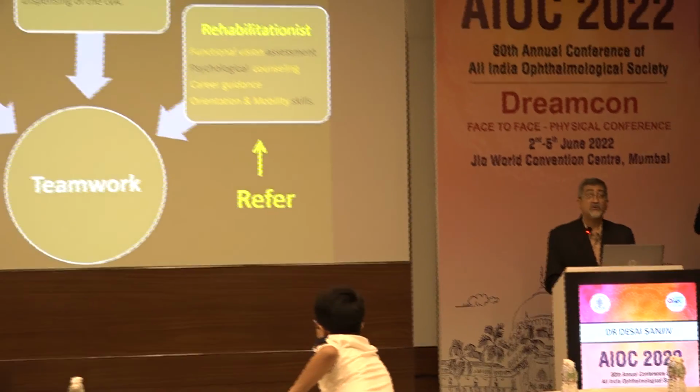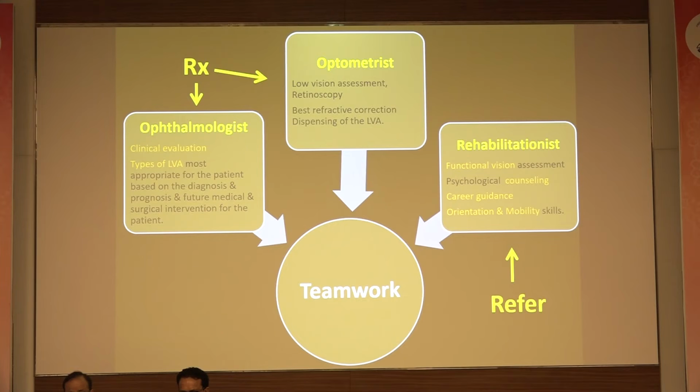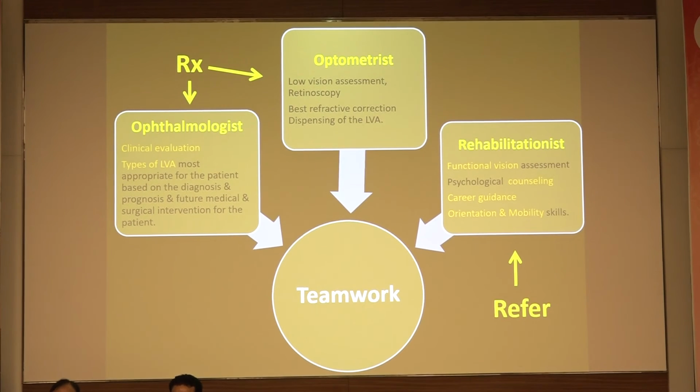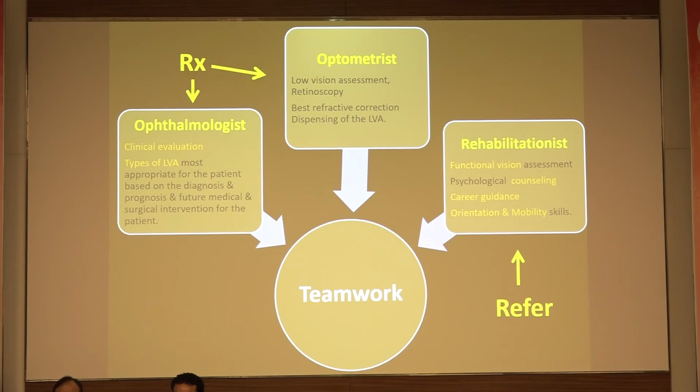He is helped by the optometrist who does the low vision assessment, retinoscopy, refractive correction, and then final dispensing of the low vision aids. And for people with profound visual loss or multiple handicaps, a rehabilitation specialist comes into play who does the functional vision assessment, psychological counseling, career guidance, and orientation and mobility training.